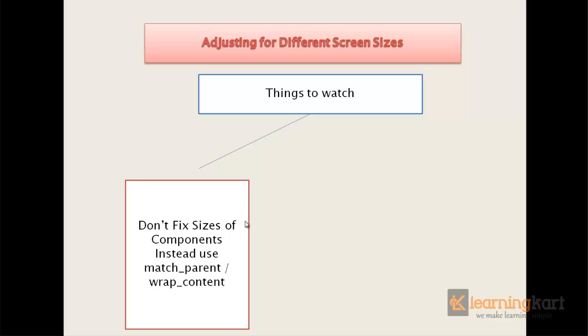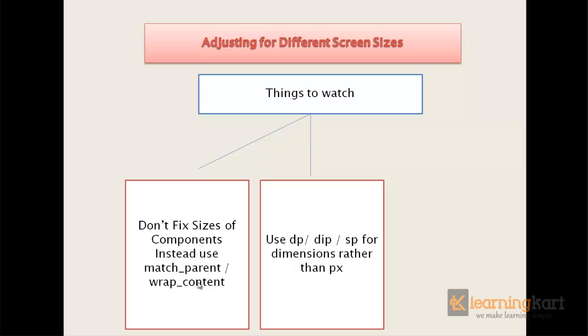So don't fix that as a pixel width, rather use either match parent or wrap content so that it becomes compatible with different sizes. So if you have a 4-inch mobile, accordingly the button will have a wrap content. If it is a 5-inch mobile, it will correspondingly take up the wrap content.